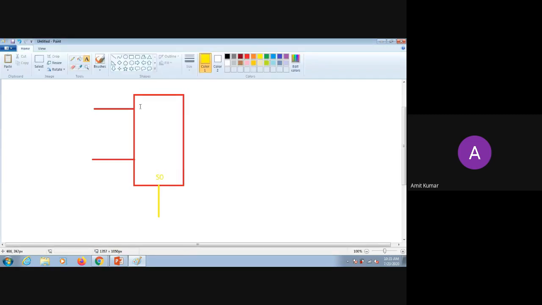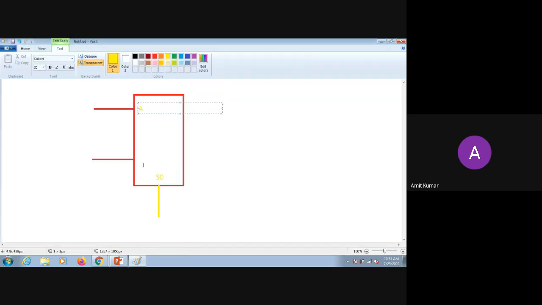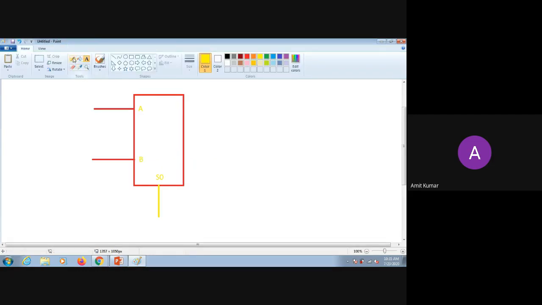So this will be F0, this will be A, this will be B, and this will be your output.